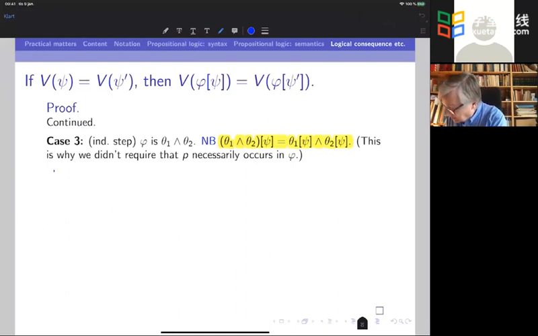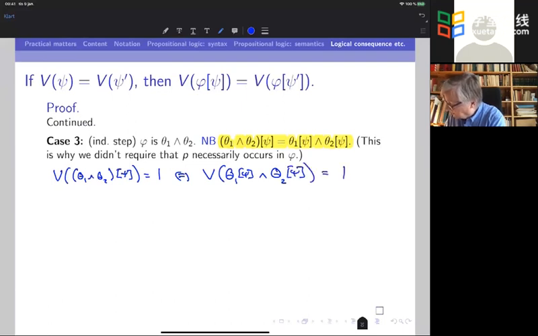So we have V of theta 1 and theta 2 square brackets psi equals 1 if and only if, and now I use this fact that this is the same as v of theta 1 square brackets psi and theta 2 square brackets psi equals 1.